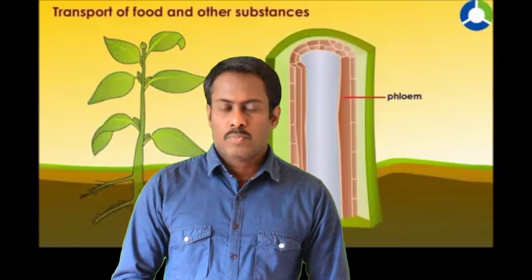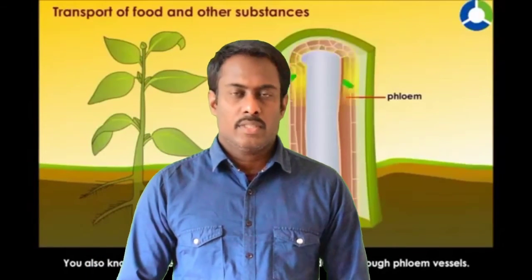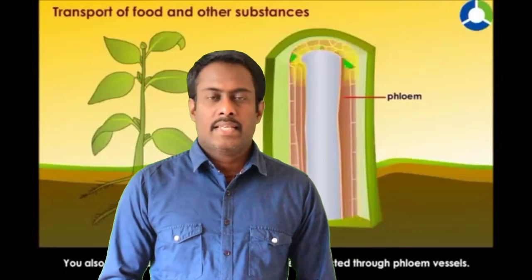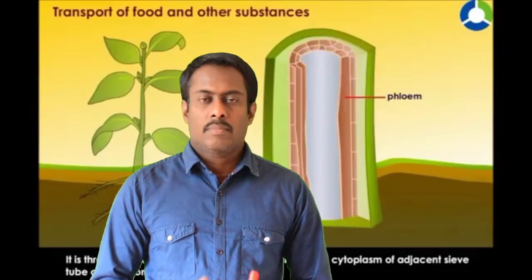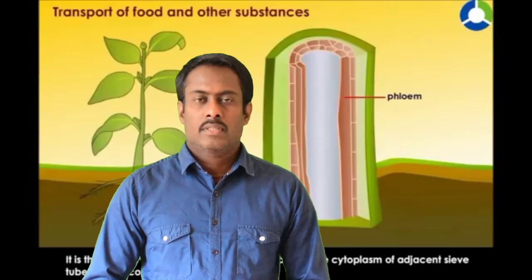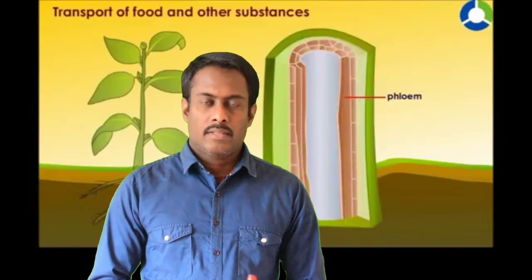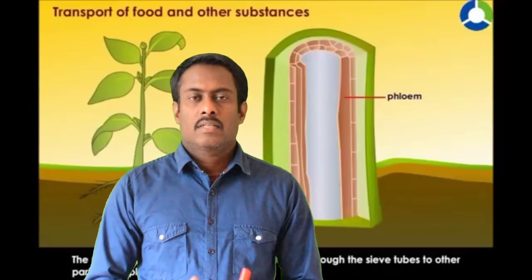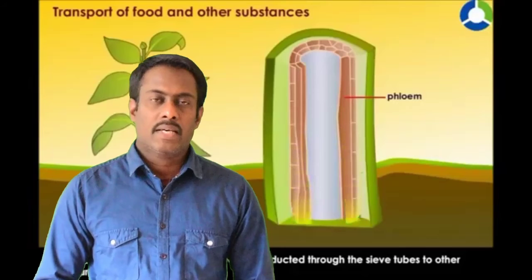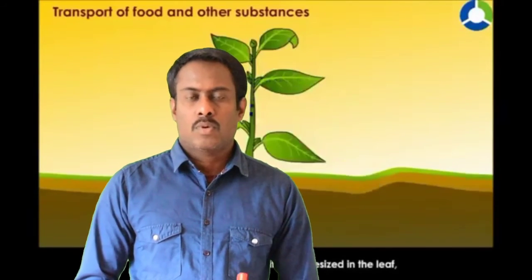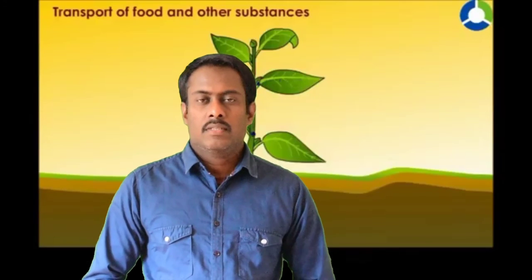This increases the osmotic pressure, causing water to move into it, and the pressure created by the water causes the materials to move to the cell where there is less pressure. Then this is transported by the companion cell to where it is mostly required. This is how the transportation process takes place in plants.